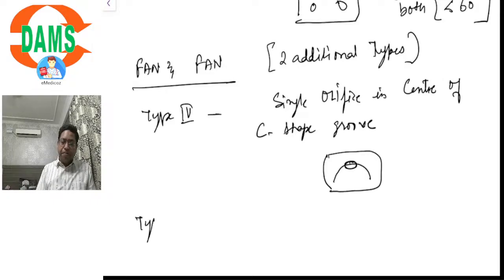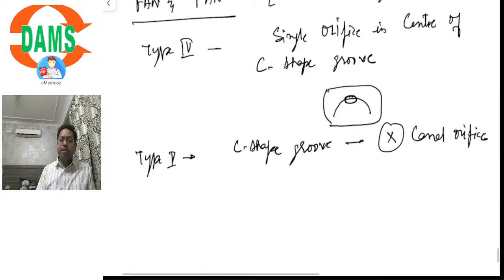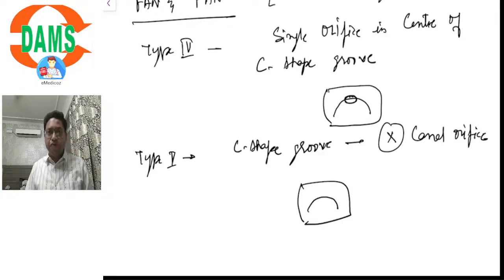And finally, type 5 C-shaped root canal. There is a C-shaped groove, but there is no canal orifice in the coronal area. So in the floor of the pulp chamber, we would just see a C-shaped groove. No orifice is visible.